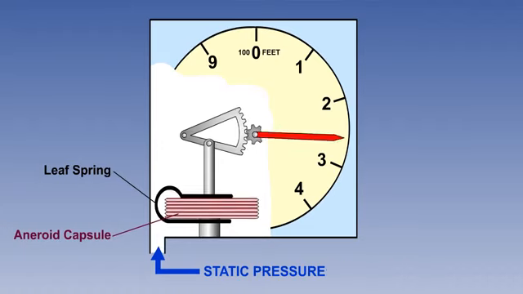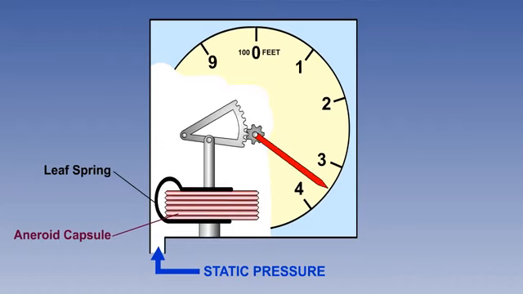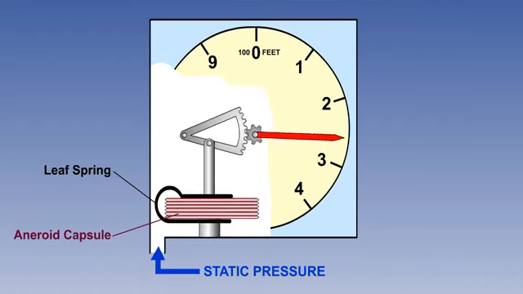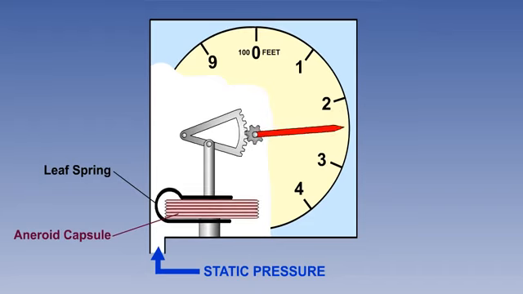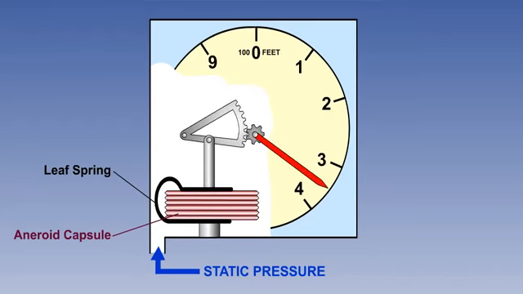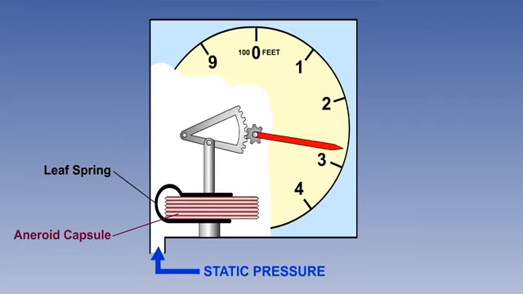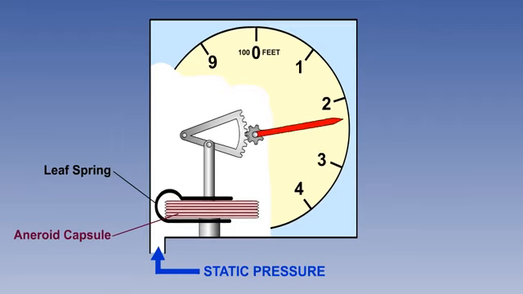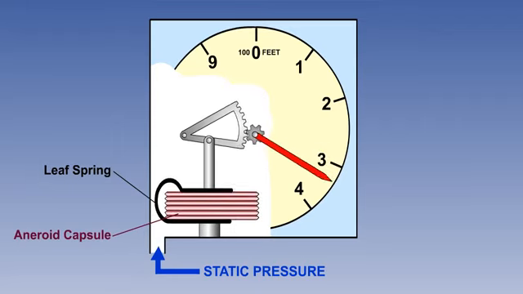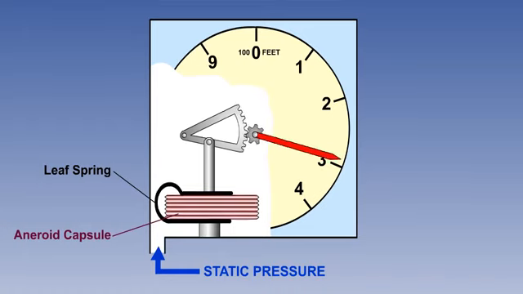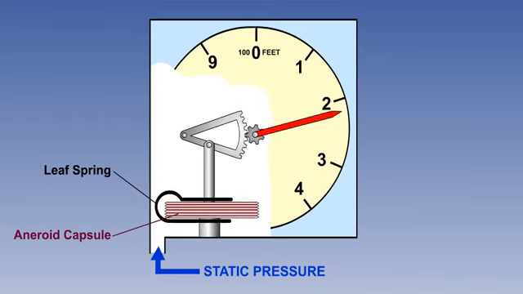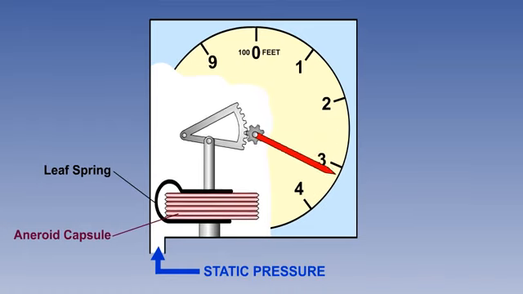The linkage incorporates a temperature compensating device to minimize errors caused by expansion and contraction of the linkage and changes in spring tension due to changes in the temperature of the mechanism. We can see the principle of the linkage mechanism in operation, although the actual arrangement is much more complex.